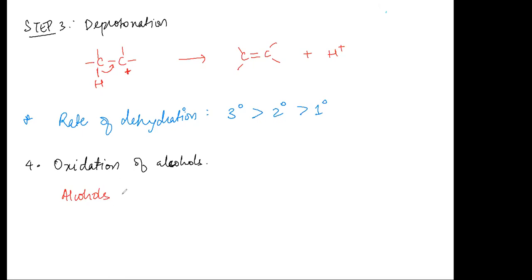So oxidation of alcohols, there are different reagents that you use, but this is the order that they follow. Okay. So alcohols, the first step of oxidation is you get aldehydes, and on complete oxidation, you get carboxylic acids. Okay. So if you take any weaker oxidizing agents, then partial oxidation will happen because they're weaker oxidizing agents.